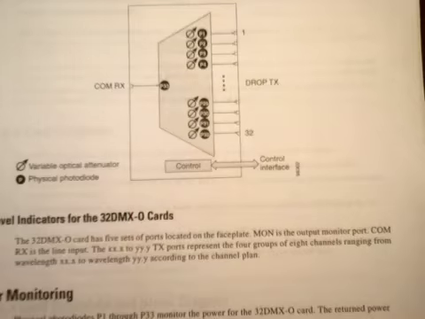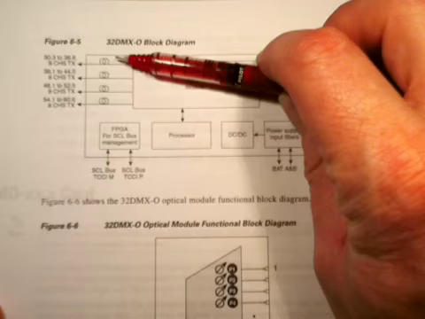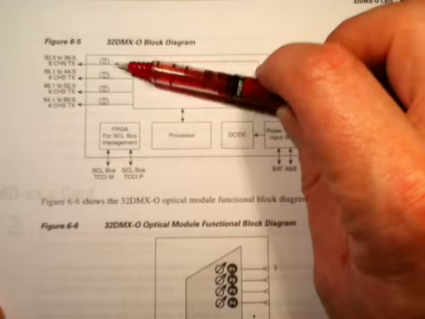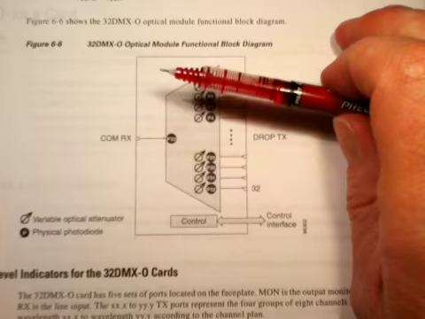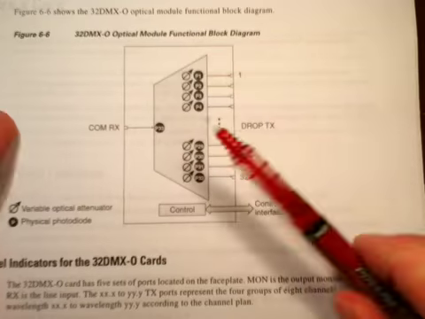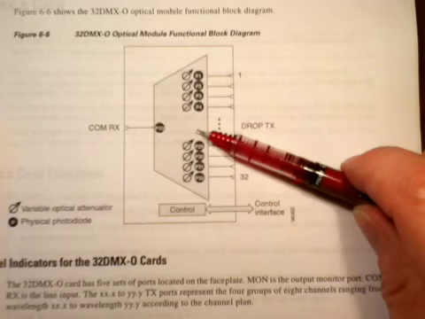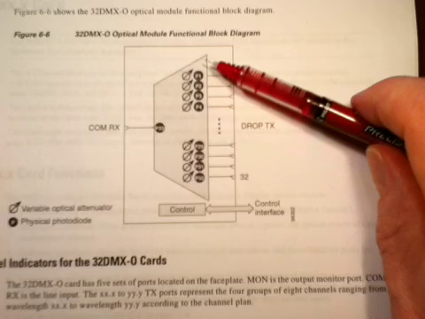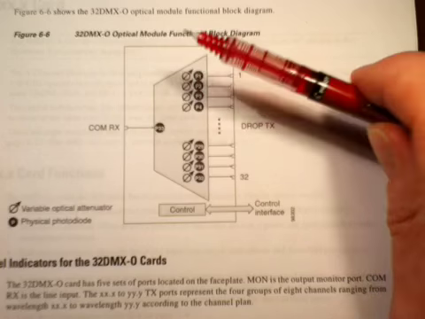The demultiplexer is basically the same thing in reverse. Again, 4 inputs with 8 fibers each, and then a single fiber on the output. And again, we have VOAs and photodiodes on every channel. So we can monitor the power with the photodiode and then feed back to adjust the power with the VOA.